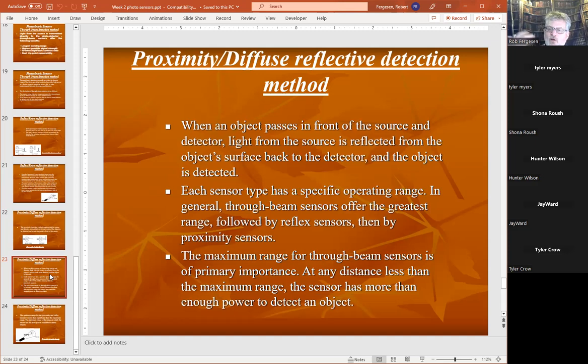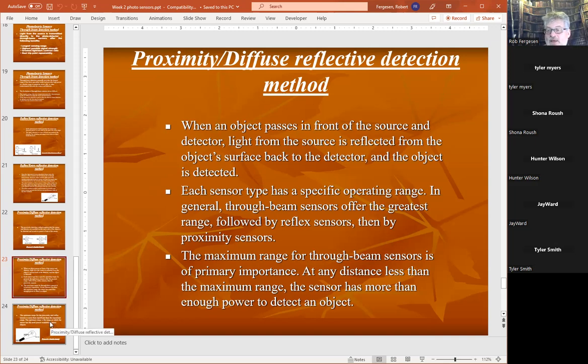These generally have relatively short range, and they can be a little bit fussy in terms of programming. We're going to play around with them, and we're going to see how fussy they can be. The maximum range for through beam is of primary importance. This does not have anywhere near that. This is something that has to be very close.